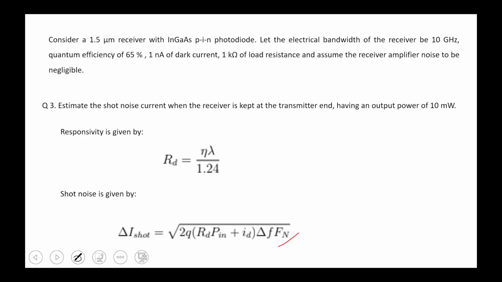Here q is the electron charge, R_D you calculate, P_in is given, the dark current is given, the receiver bandwidth delta f is given, and the output power is given.